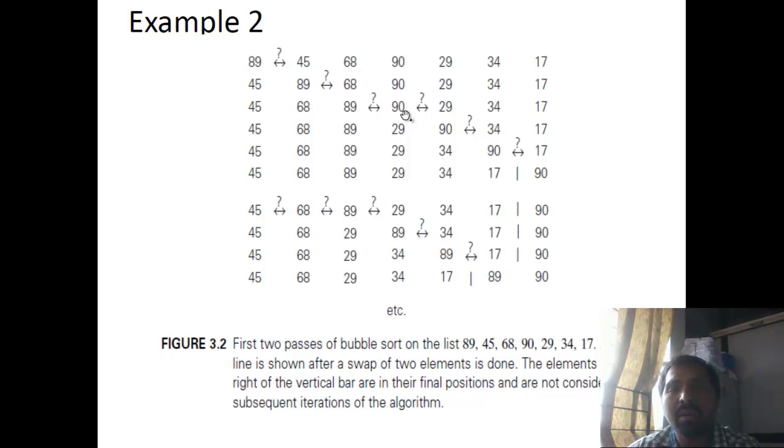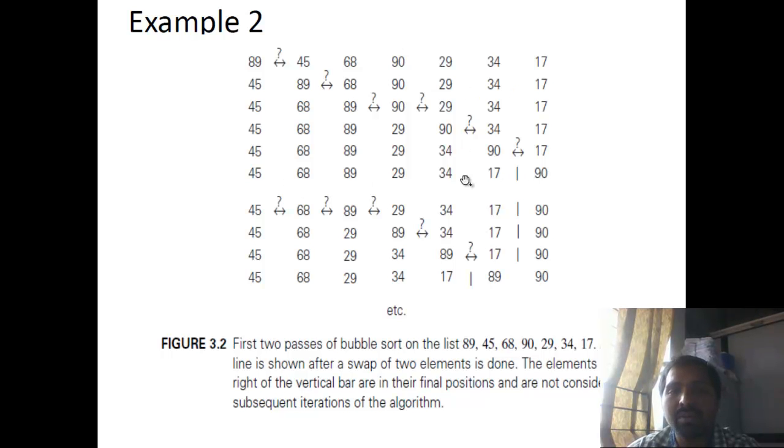Then in the next step we take 90 and 29. They are not in order, so we swap these 2 elements, 29 comes here and 90 is here. Next we take 90 and 34. They are also not in order, so we swap it. And then 90 and 17, not in order, we swap it. Okay, so this is the first pass.